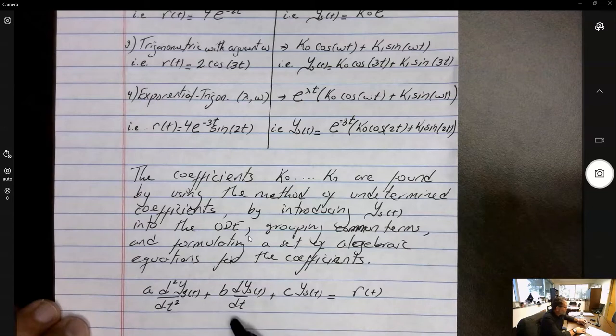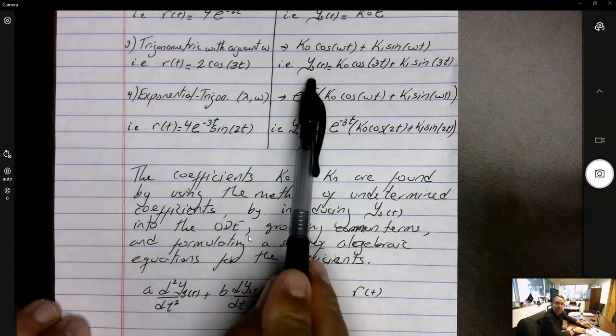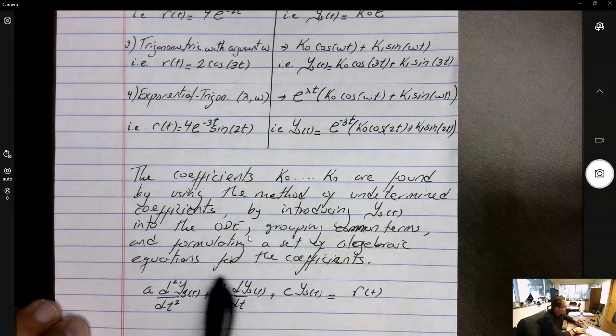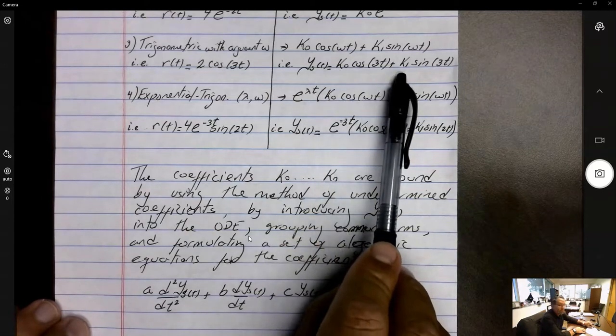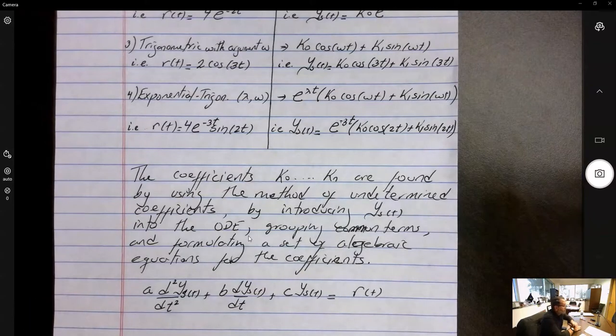Then we group together whatever multiplies that sine of omega t, and we equate it to whatever multiplies the sine of omega t on the right-hand side, which in this case, since this is the function that was given, is nothing. So whatever multiplies the sine on the left-hand side is equal to 0. At the end, that gives us a set of 2 equations with two unknowns, k0 and k1. Very simple. And the same thing will work for whatever algebraic form the original forcing function R of t has.